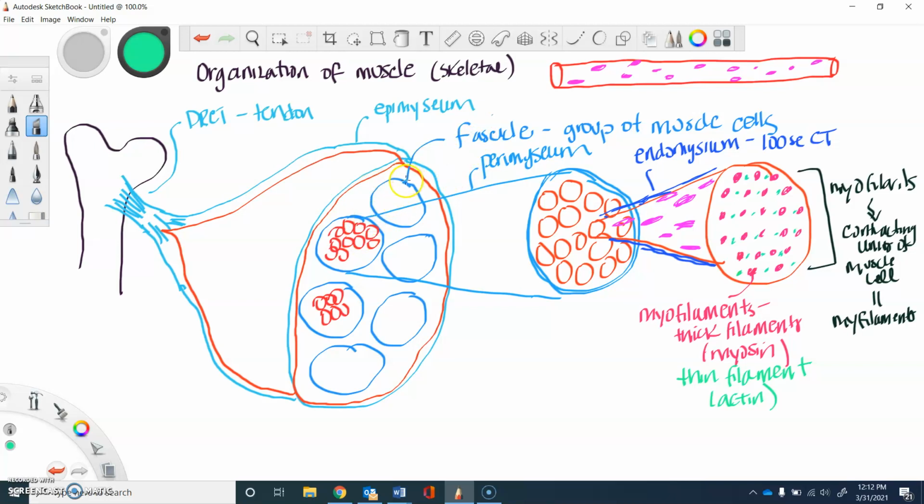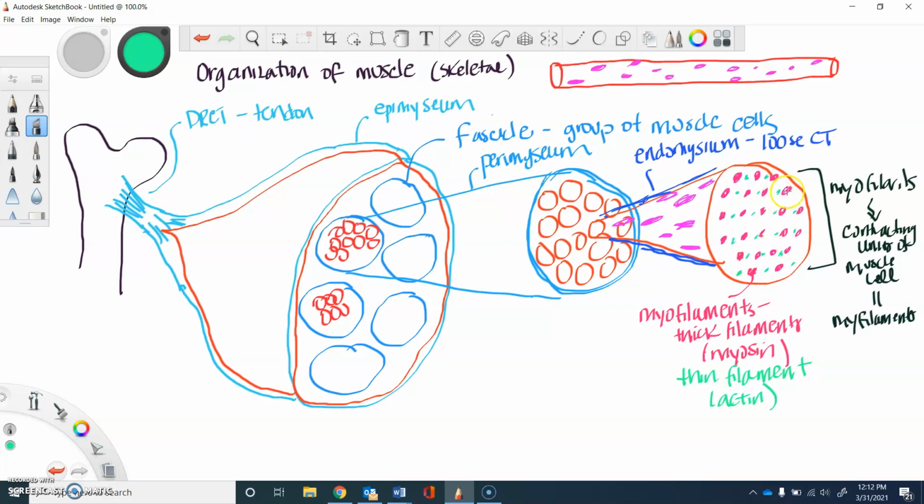Each one of these fascicles is bound together by a dense connective tissue called the perimysium. Each one of the muscle cells also has a connective tissue covering, but it is loose connective tissue, and that covering is called the endomysium. Under that is the sarcolemma, or the plasma membrane of the muscle cell.